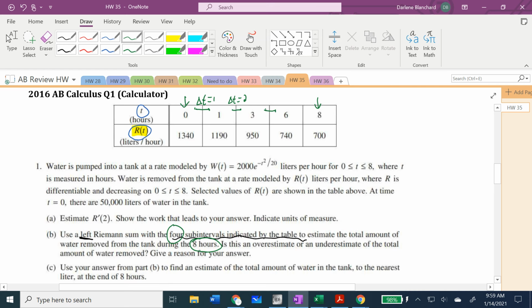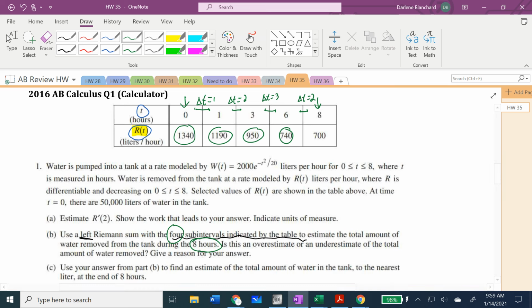From 3 to 6, you're dealing with a delta t of 3, and from 6 to 8, you're dealing with a delta t of 2. So those are your widths. And then if it's a left Riemann sum, then you're going to use the left R value. So for my delta t of 1, I'll use the 1340. For my delta t of 2, I'm using the left t-coordinate's value with each of those individually.